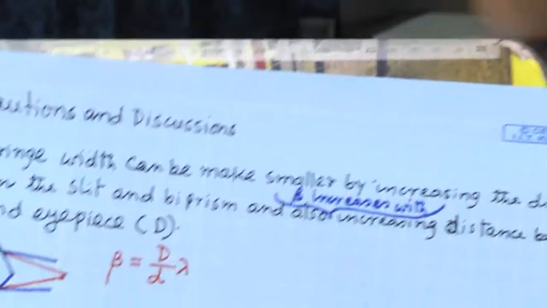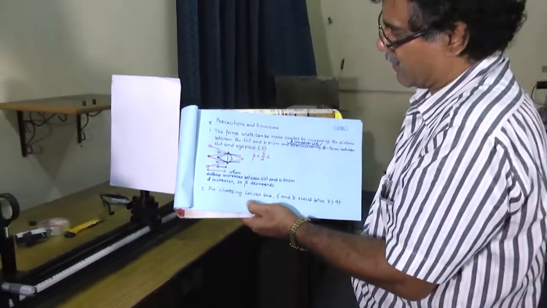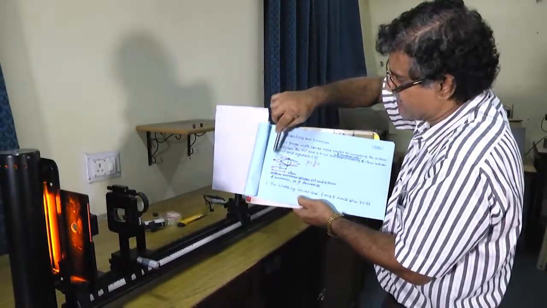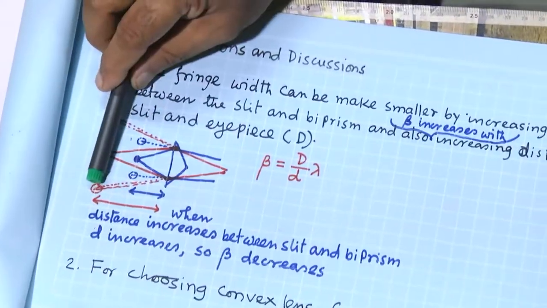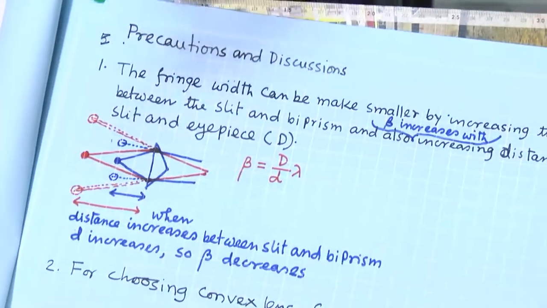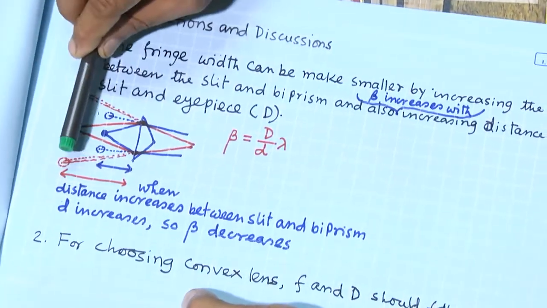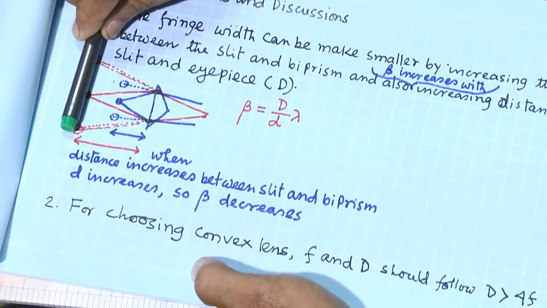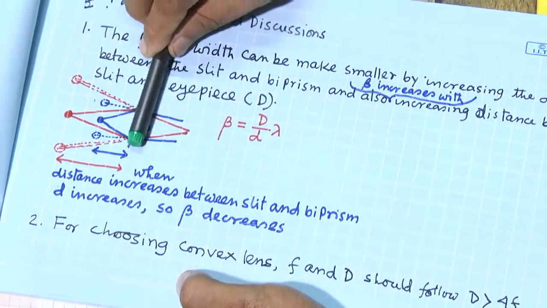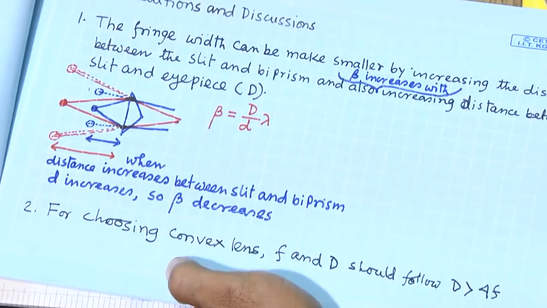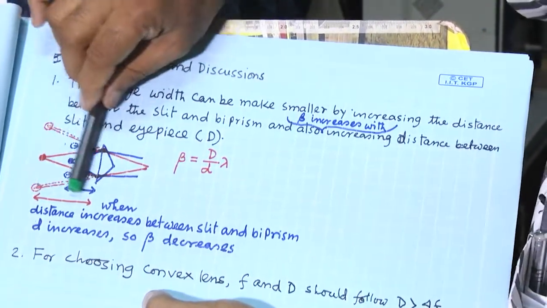So that's what happened here. That distance is defined as the distance between the virtual images, the coherent sources formed by the bi-prism.